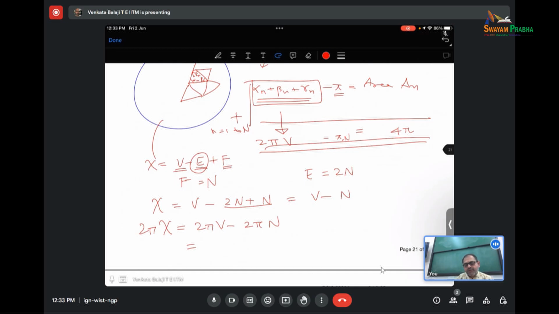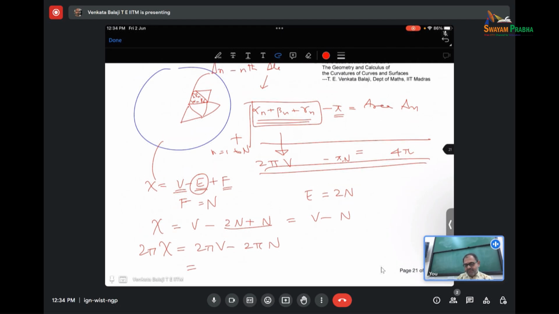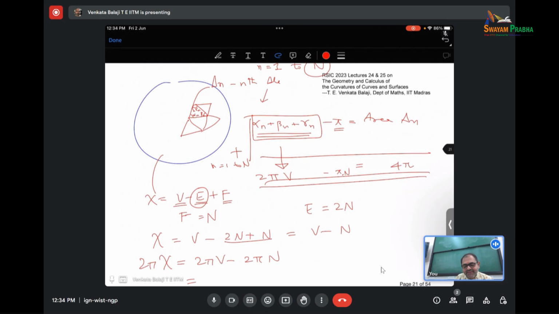And you see here, what I have written here, so I am supposed to get 2 pi V minus... so I want to say that I should get 2 pi chi is equal to... pardon me, there's some silly thing that I'm missing.